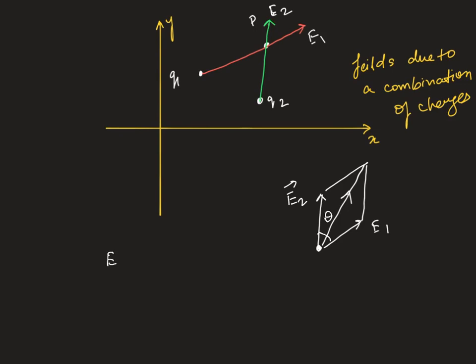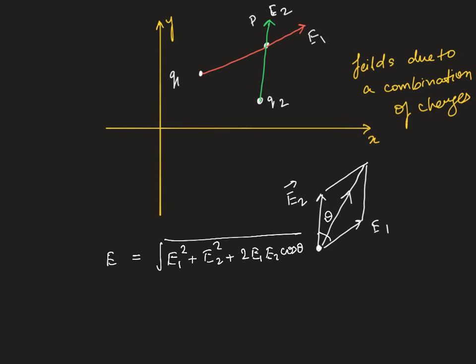So that is E equals root under E1 squared plus E2 squared plus 2 E1 E2 cos theta. And likewise, you can find out resultant due to 3 charges or 4 charges or 5 charges.